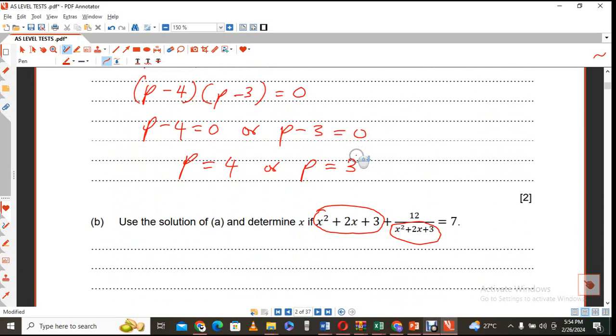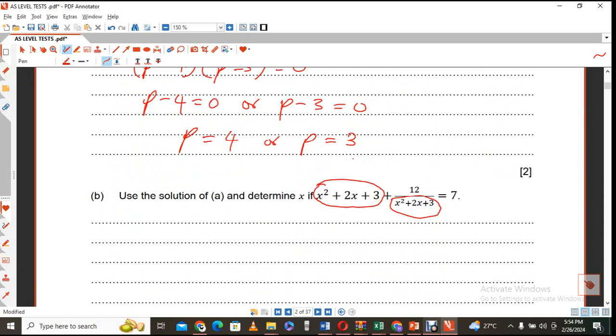So what that means is we now know what the answer for that equation is. So simply then go ahead and say, okay, take that x squared plus 2x plus 3, let it equal 3, one solution, or the other one will be x squared plus 2x plus 3, let it equal 4.